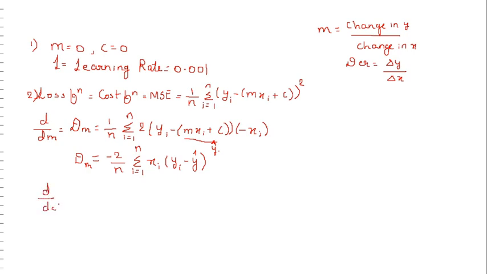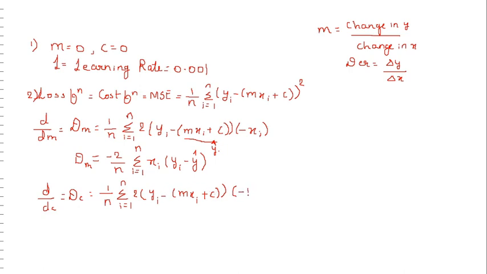So it is d by dc equals, suppose I also call it dc, 1 upon n summation i goes from 1 to n, 2 into yi minus (mxi plus c) into. Now the c becomes 1 because we are computing with respect to c. So what shall I have here?